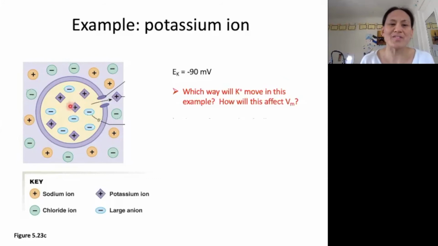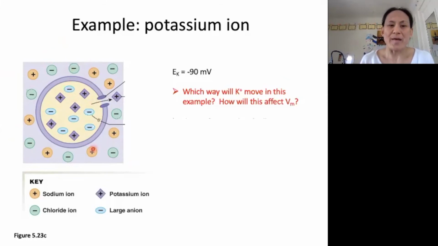So let's just pretend that as a result, the inside of the cell is maybe 10 or 20 millivolts more negative than the outside of the cell. Okay, so let's consider this diagram to represent a negative 10 or negative 20 millivolt membrane potential.